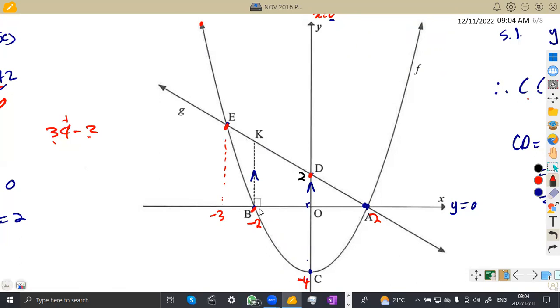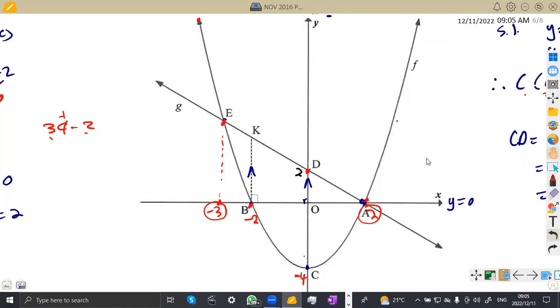It's now below this graph, which means it's now less than g of x up to point A. When we reach point A, our f is now on top. So f is greater than g from this point 2. So our values are going to be taken from E, which is -3, the value of x, and at A, which is 2 there. So it's from -3 up to 2.